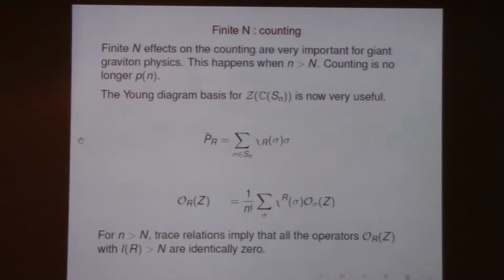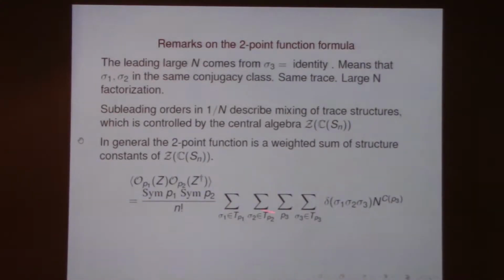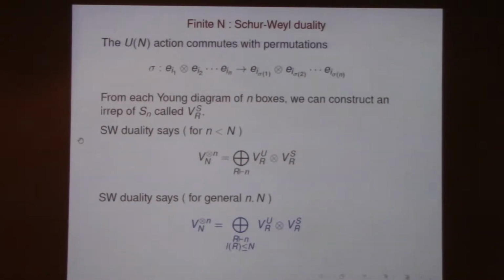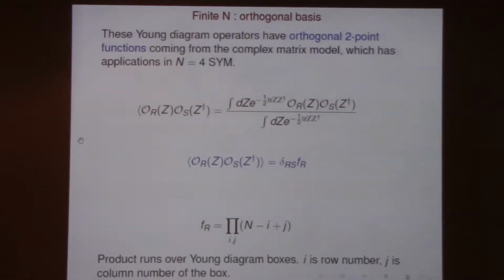And the correlator itself is entirely in terms of permutations, and the finite n is in terms of this Young diagram basis for permutations. The right-hand side is in terms of properties of Young diagrams, and so on. Of course, you have to do the matrix integral to get the answer, but at the end, the structure that comes out is a lot about the algebra of permutations.